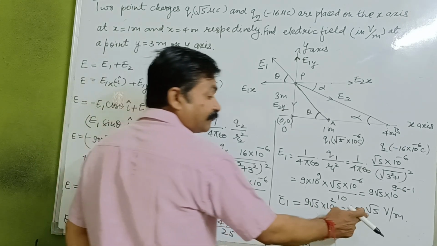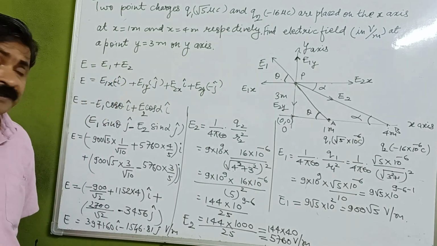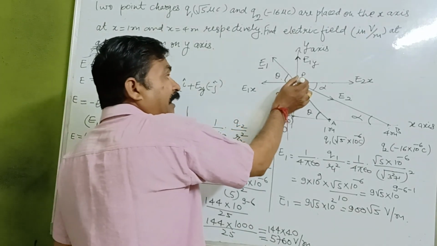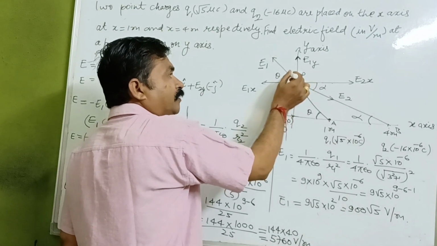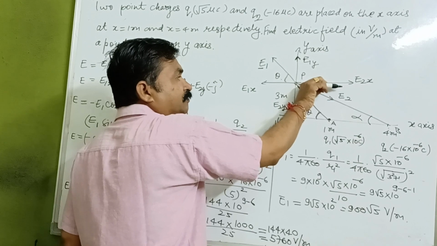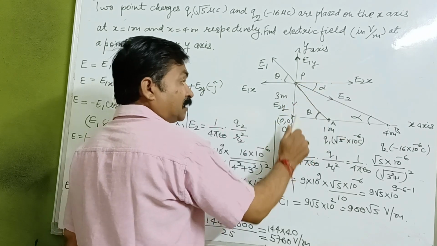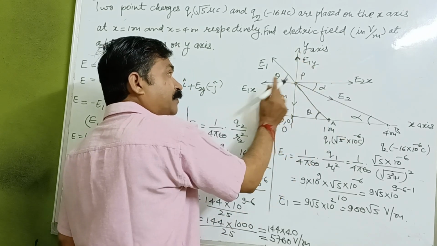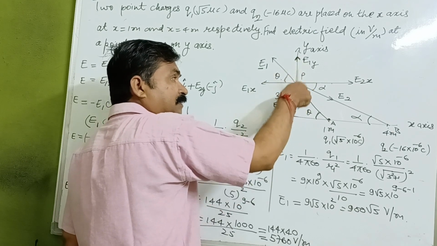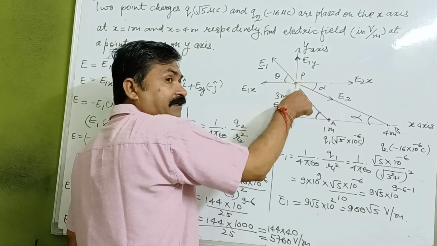Similarly we have E1 as 900 root 5 volt per meter. Now if you see the electric field components, E1x is in this direction, E2x in the opposite direction. E1y acts along y, and E2y is vertically downward.